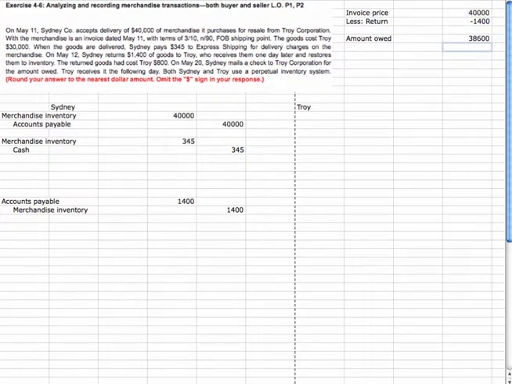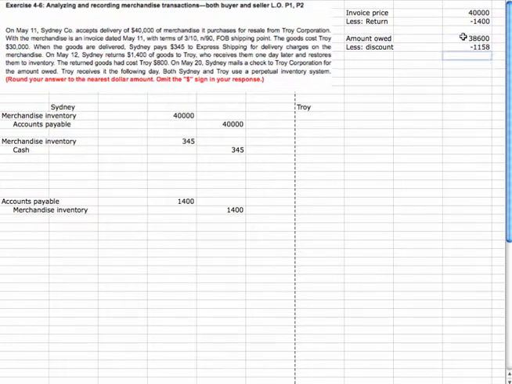Then we want to say less the discount. And then remember, the discount was a 3% discount. So what we're going to do is we'll do it this way. Take this number times 3%.